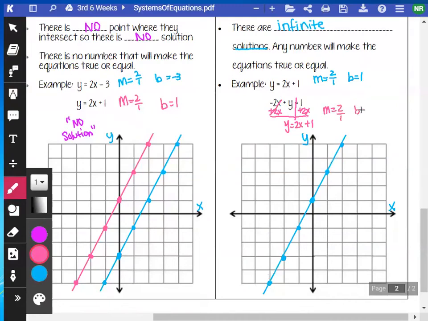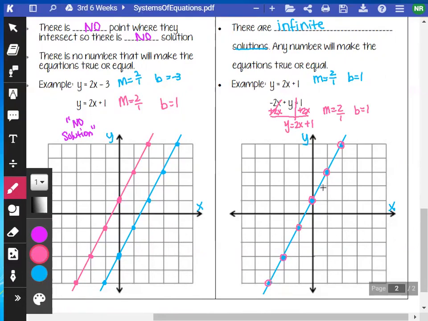2/1. My y-intercept is 1. Y-intercept is 1, so that point is going to overlap this one. If I go up 2/1, it overlaps this point. I go up 2/1, it overlaps this one. If I can't go up to the right, I can go down to the left. Overlaps, overlaps, overlaps.